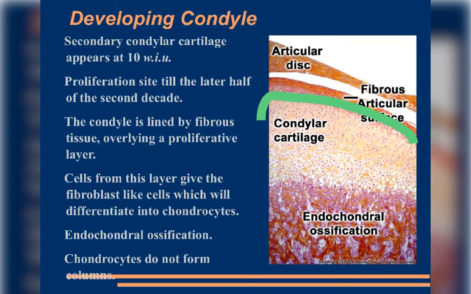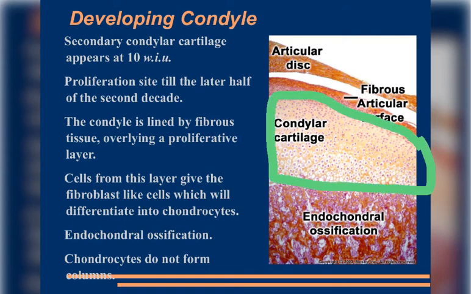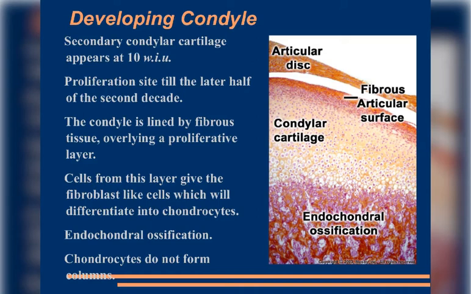And see, the cartilage zone is much larger than in the case of the adult. In the adult, we have two layers. We have the fibrocartilaginous zone, and beneath we have a much narrower zone of calcified cartilage.